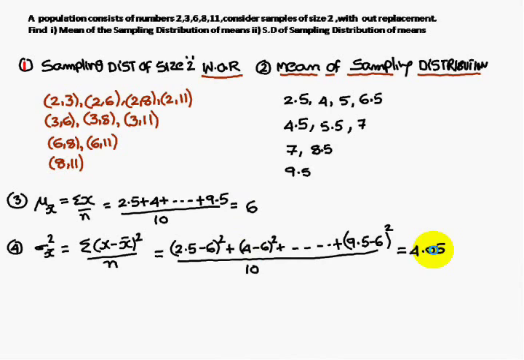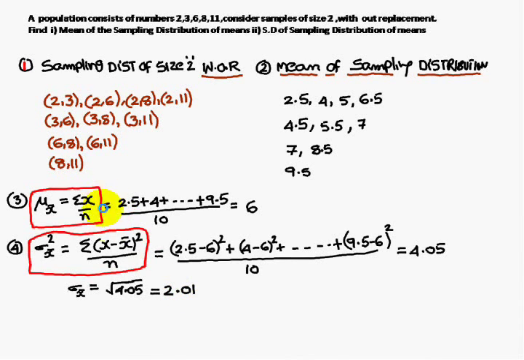If you do that, you get 4.05. This is nothing but the variance. The standard deviation is the root of this variance, that is 2.01. So these two formulas play a very important role in finding the mean and variance. Okay, thank you.